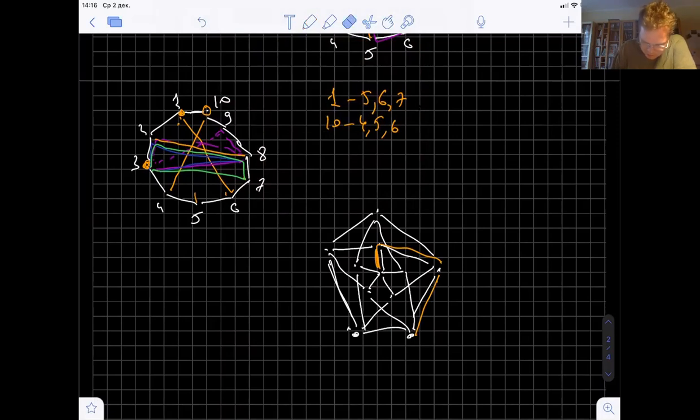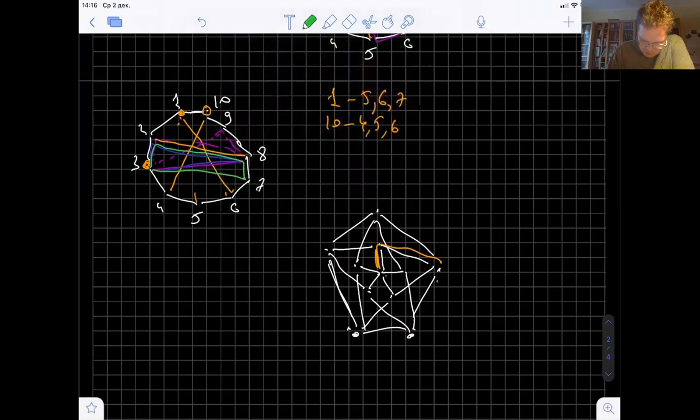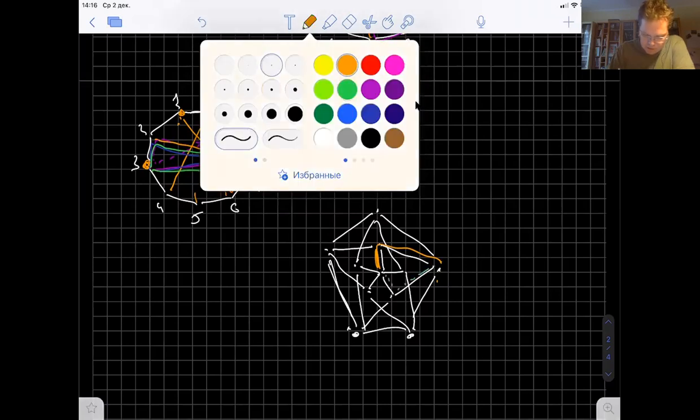So, for example, you see that I already used two adjacent vertices to this one.